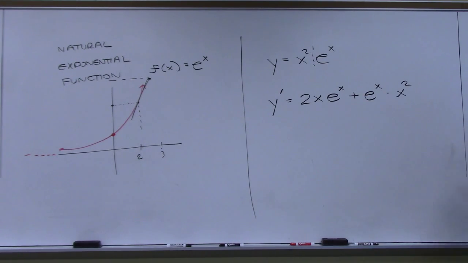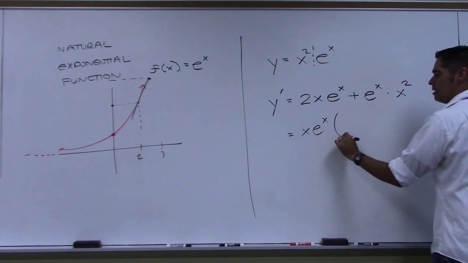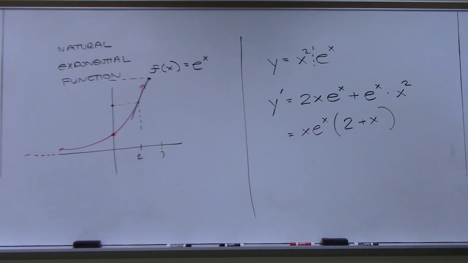And then you could clean things up. You could actually factor what out? x e to the x. And you'd be left with what, 2 plus x? You could just factor it. I'm just saying it could be cleaned.